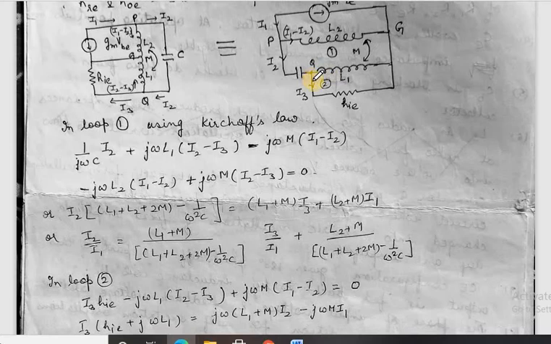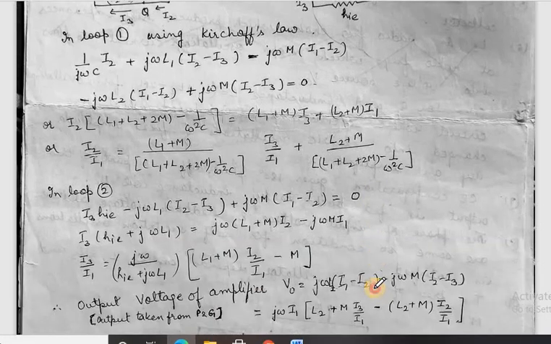Now here in the second loop I can define HIE times I3. Then the current goes here. Because the direction of current is opposite, I can write minus j omega L1 I2 minus I3, and the mutual inductance will be positive, plus j omega M I1 minus I2, and that will be equal to 0. Again rearranging this equation, we'll be finding I3 by I1.